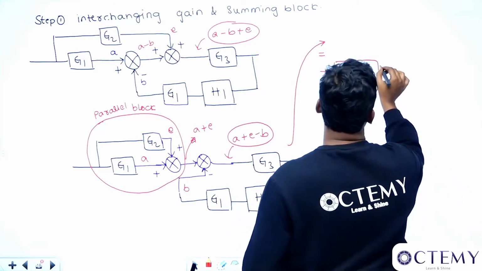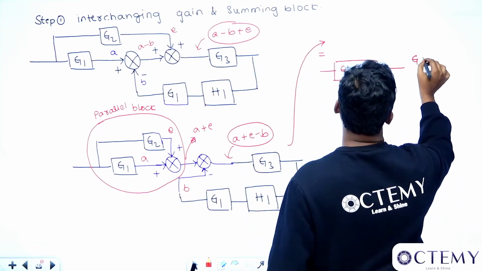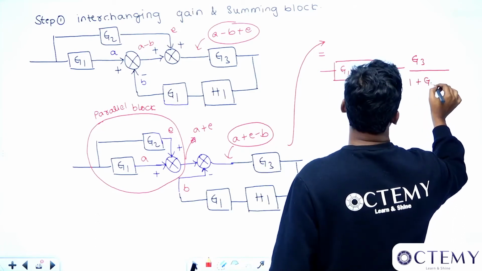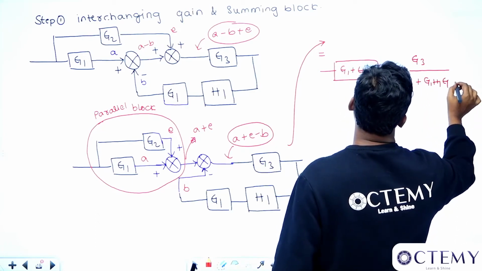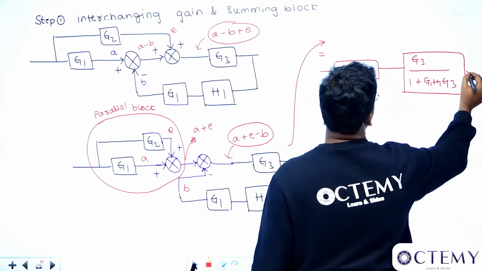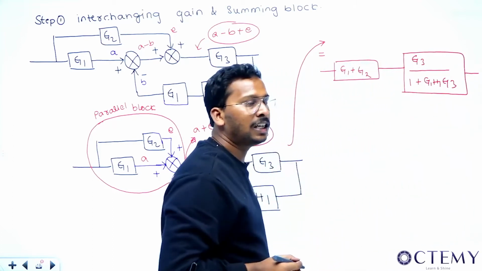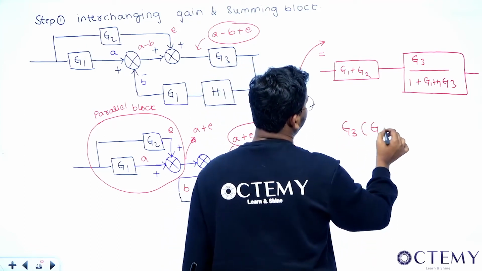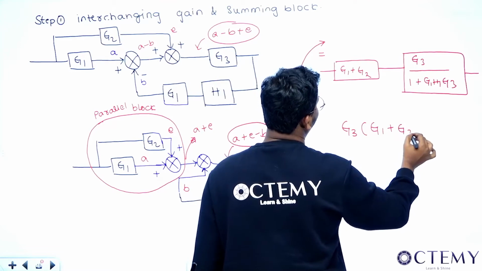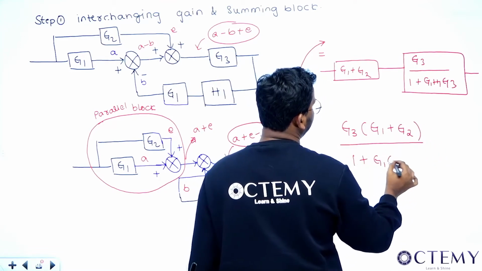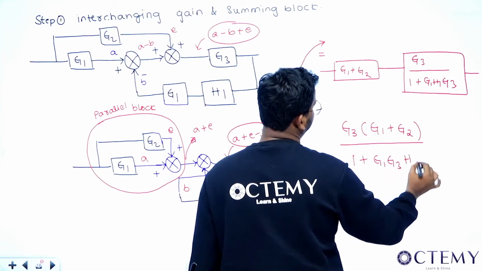So if you solve the loop, you will get G3 divided by 1 plus G1 H1 G3, right? Now what is the final answer? The final answer is G3 into (G1 plus G2) whole divided by 1 plus G1 G3 H1, because this is cascading, right?